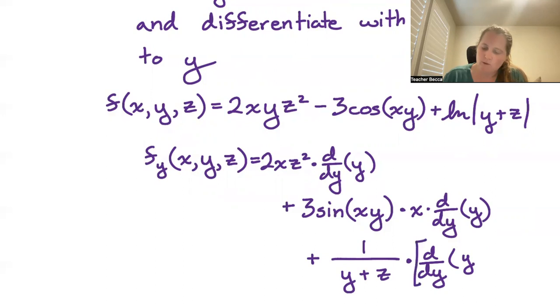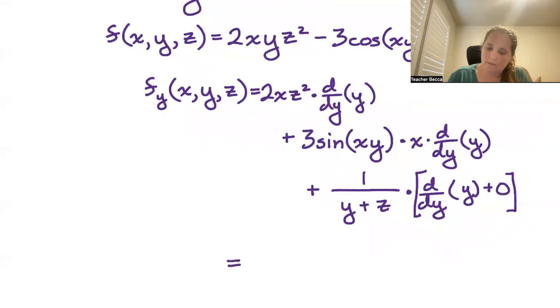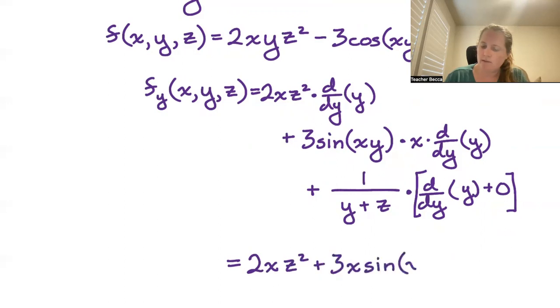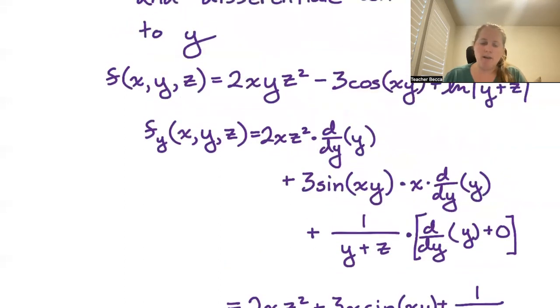So it would be times the derivative with respect to y of y, plus the z just goes to 0 if we're viewing it as a constant. So this becomes 2xz squared plus 3x sine of xy plus 1 over y plus z. So this was our partial with respect to y.